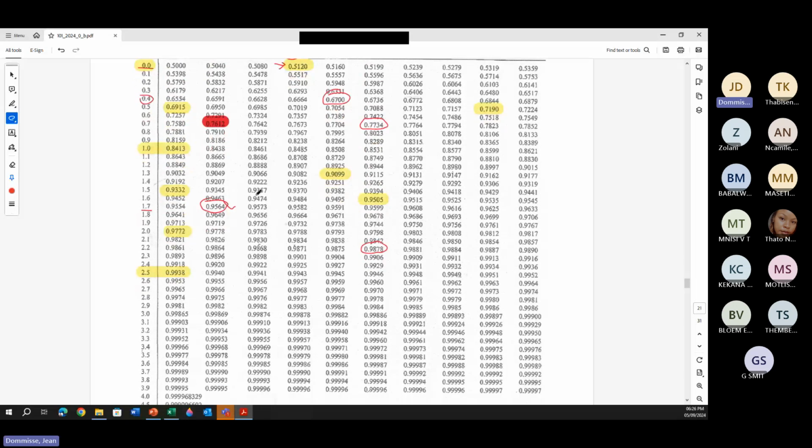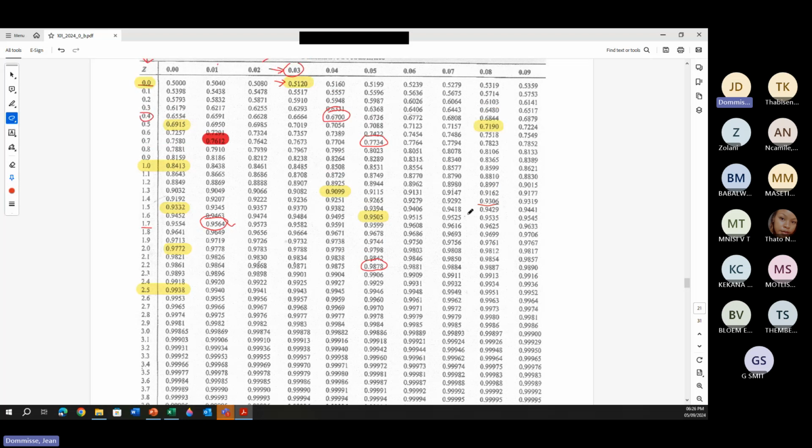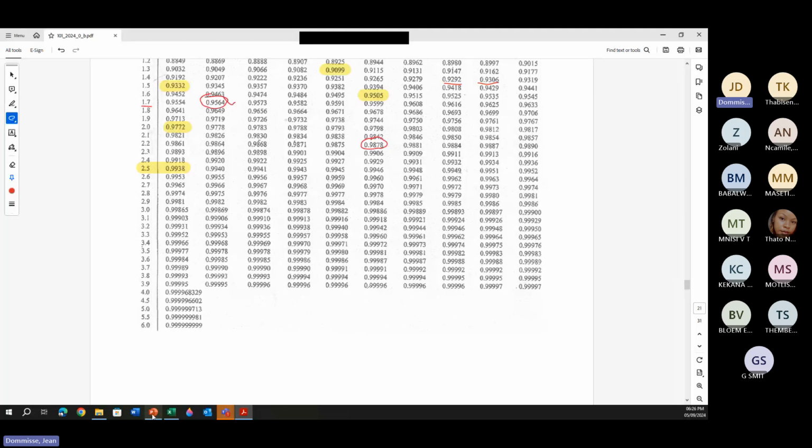In here, we would look for a 93. So it would have been around 1,447.